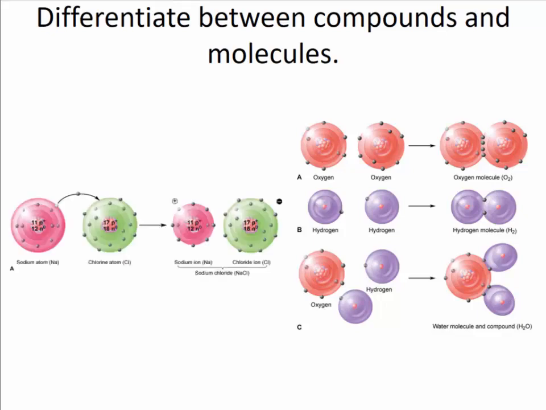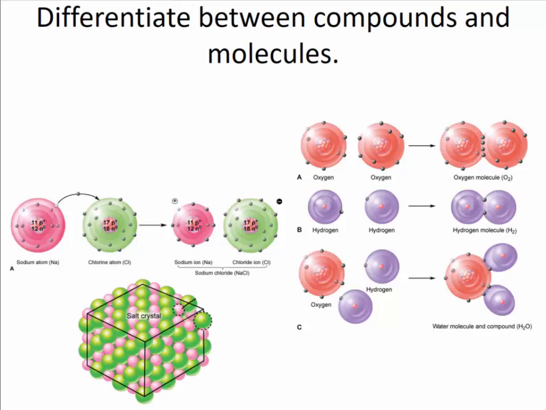When we deal with ionic compounds, like the sodium chloride that we looked at earlier, we don't discuss them in terms of being molecules of sodium chloride. Sodium chloride is a compound, specifically an ionic compound, because if we were to zoom in on sodium chloride, we would see something like this, where we have this repeating structure to the salt crystal of the sodium chloride.